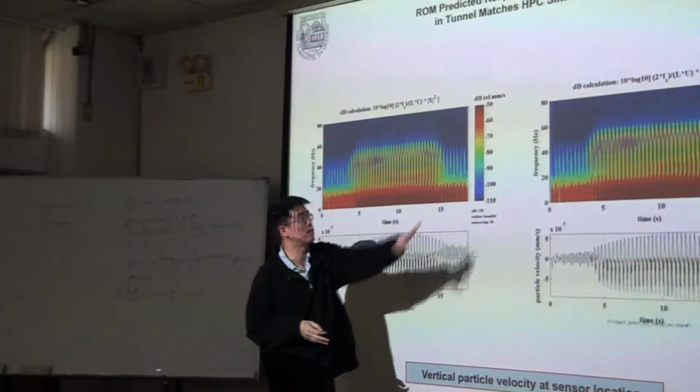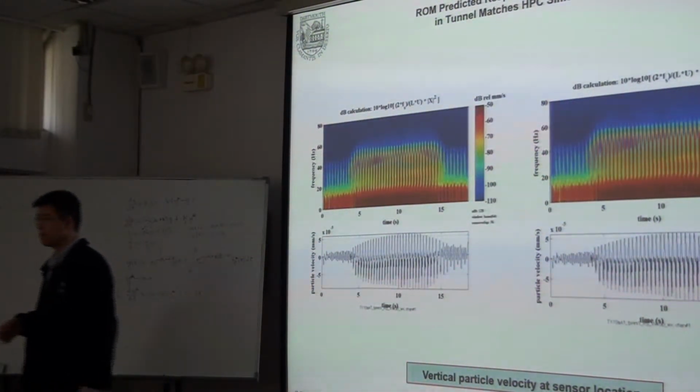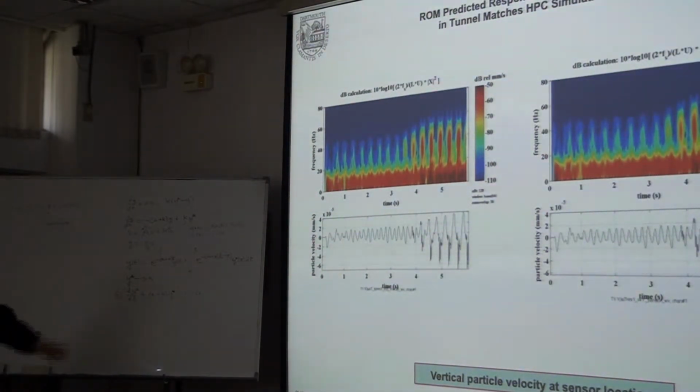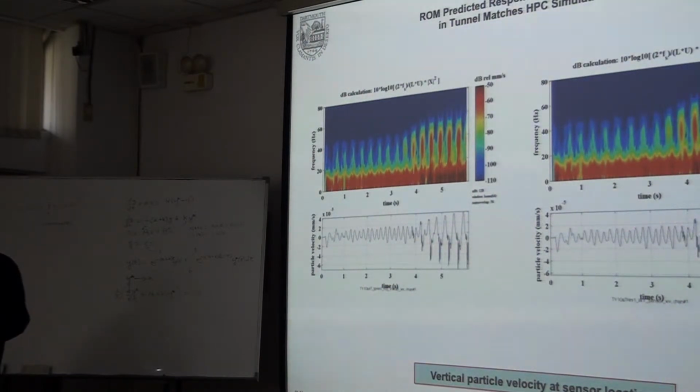And the results are very good. They match almost perfectly, using a test input that is not the input used in ID. When doing ID, you always use some test input, and when you test it, you should test not only with the input we use in the application, but with an independent set of input. And this is a comparison using a different test input, and you can see it matches very well.